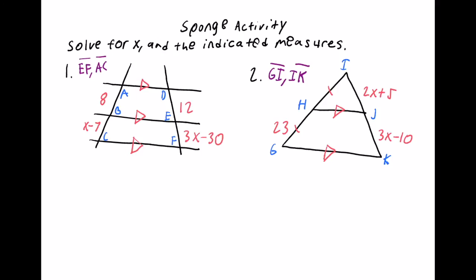Now time for the sponge. I want you to solve for x and the indicated measures. So in the first problem, we've got these parallel lines here, and with those parallel lines, when they intersect, they make points A, B, C, D, E, F. So I want you to use what we just learned to solve for x, but then also find EF and AC.